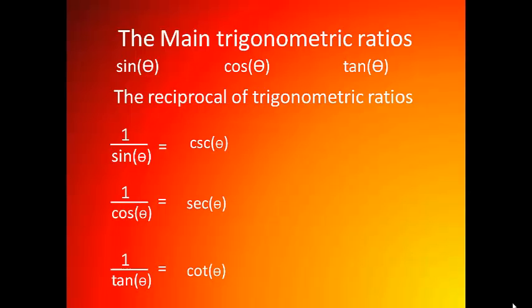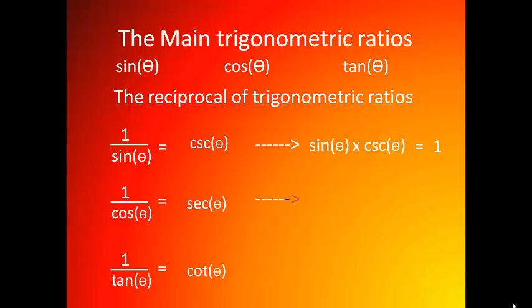And we can deduce that if we multiply sine by cosec, the result will obviously equal 1. So sine theta times cosec theta is equal to 1.